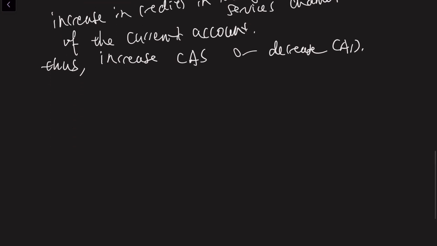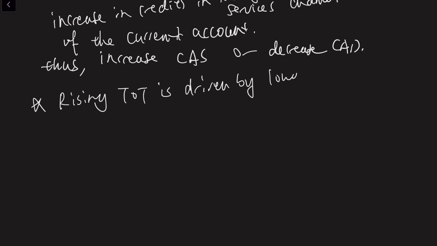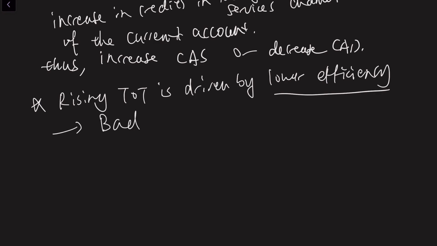So a caveat to be careful of. So if the rise in terms of trade is driven by lower efficiency, so because of low productivity, Australian exports are getting more expensive. This is bad for the economy.